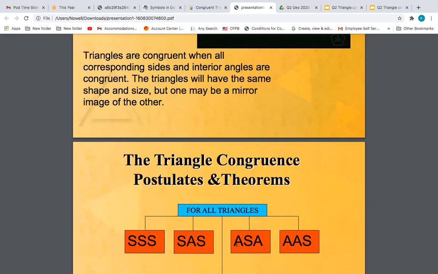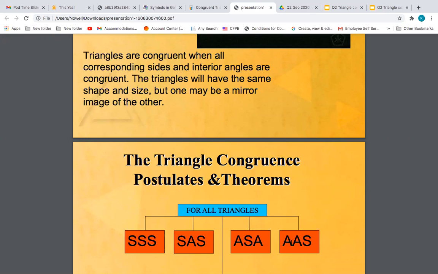The third one is angle, side, angle. So if you have an angle and then another angle, with a side between those two angles on one triangle, and another triangle has the same two angles and the same side between those angles, then if you put those two triangles together, they will exactly fit, which is called congruent.